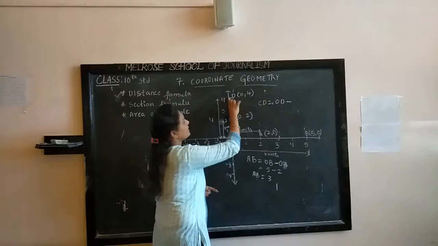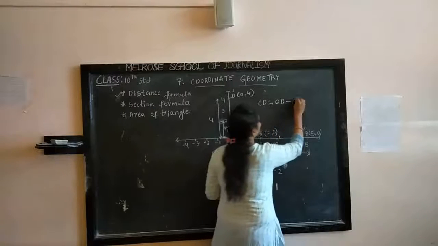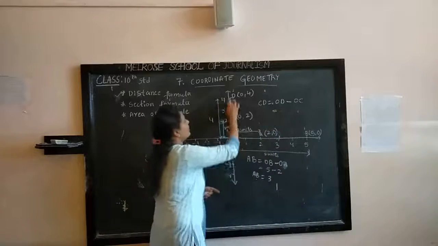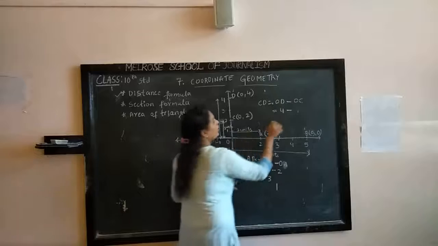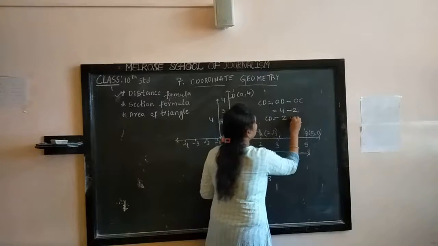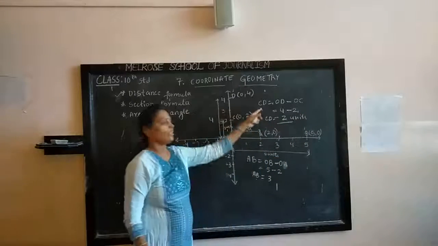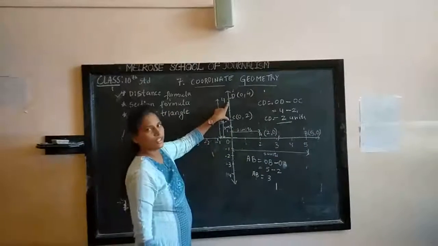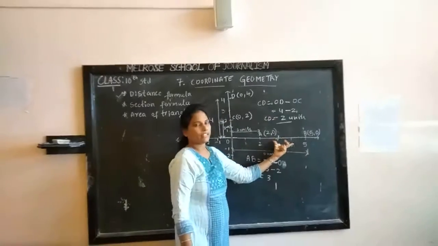Yes or no? What is OD here? OD is 4 units. What is OC? OC is 2 units. So this is the way we can find the distance if the 2 points are lying on the y axis, and likewise if the 2 points are lying on the x axis.